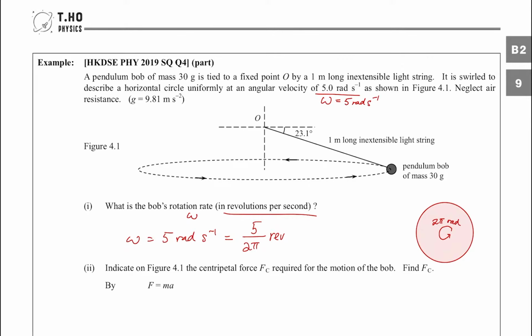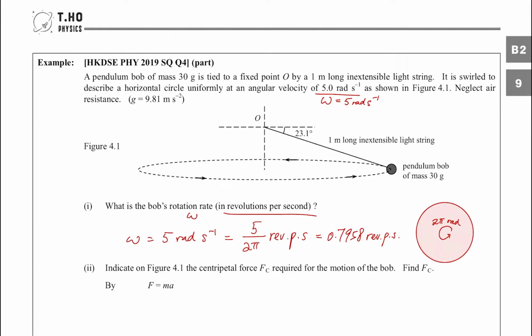So when we divide it by 2 pi, we get how many revolution per second. So 5 divided by 2 pi will get 0.7958 revolution per second. So this is the rotation rate. How many rotations each second?